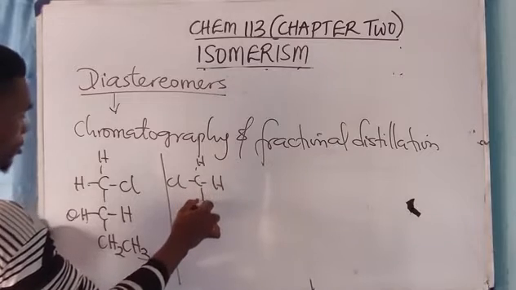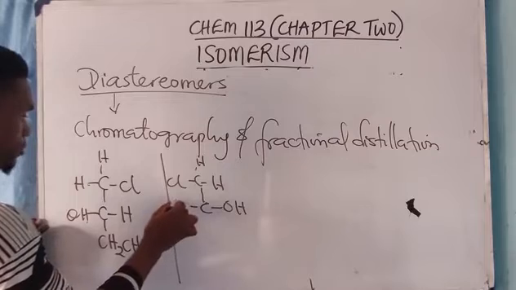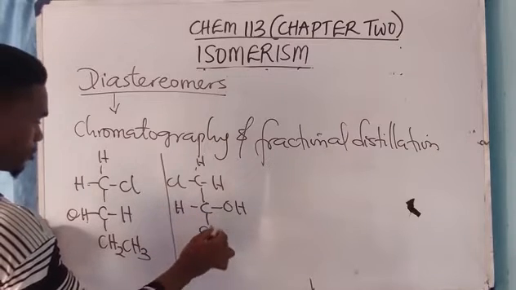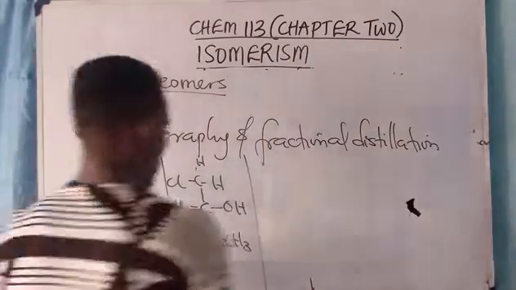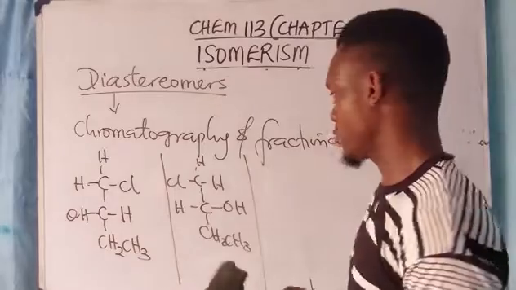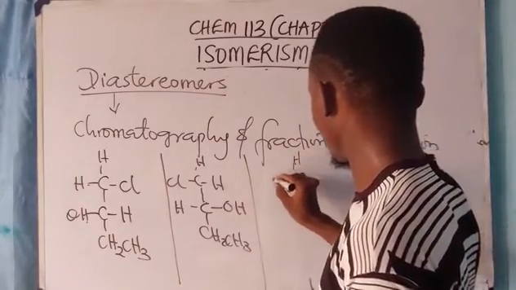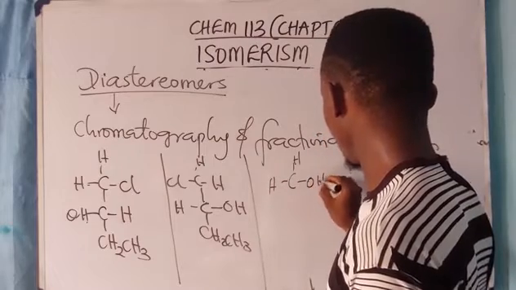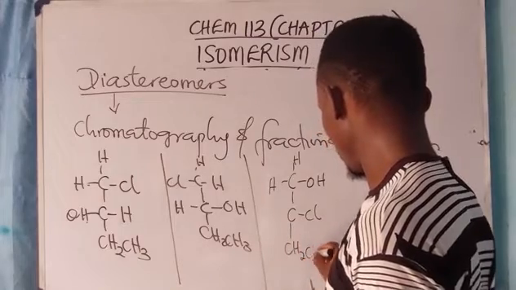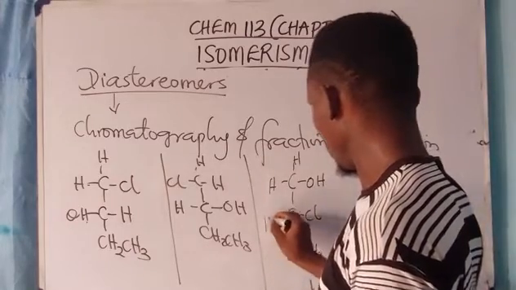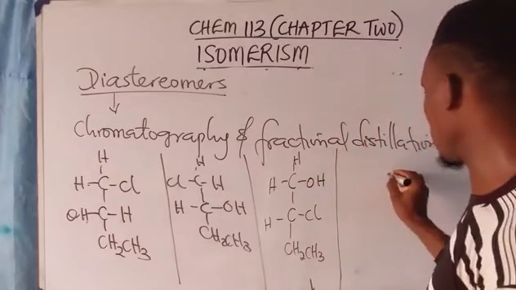I'll have H, I'll have OH, we have H. If I should take both of them to one side, I'll get it like this. I have H, I have OH, Cl, C2, CH3, H. If this one rotates, I'll get it like this.